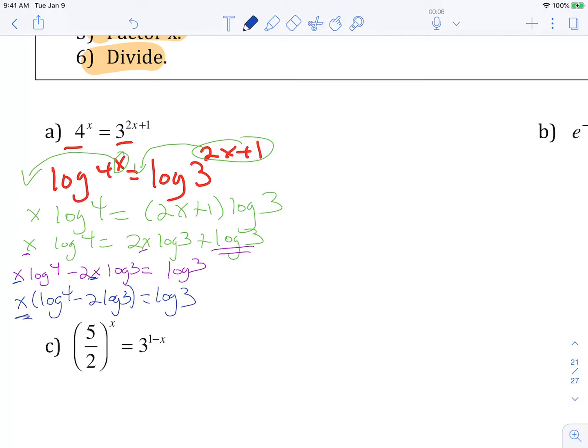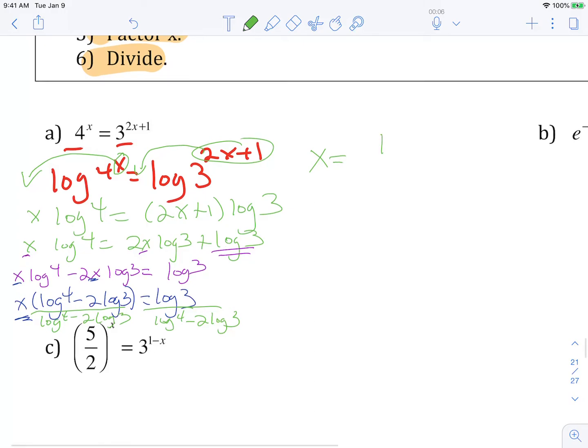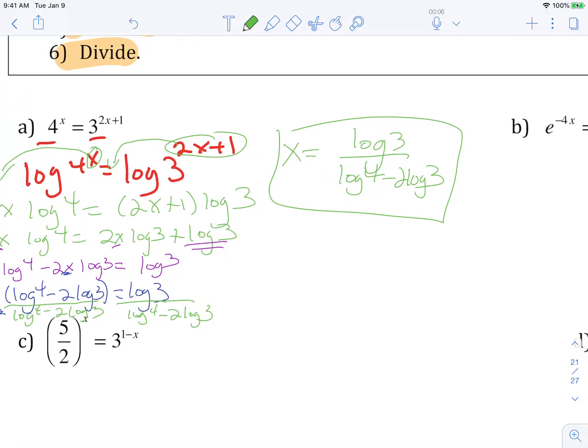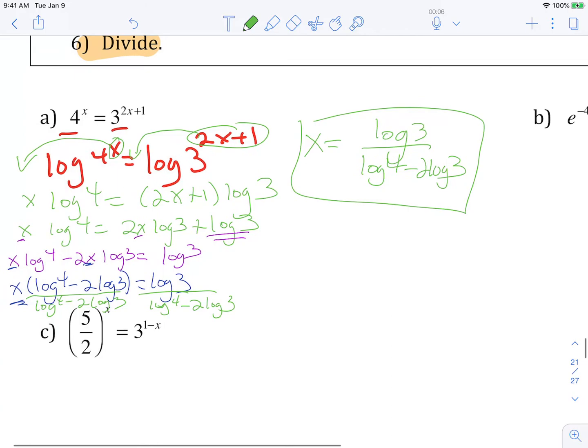So I'm going to divide both sides by log 4 minus 2 log 3, and I get x is equal to, this is the exact answer, x is equal to log 3 over log 4 minus 2 log 3. And you could keep it like that. Okay, that's a totally good answer.